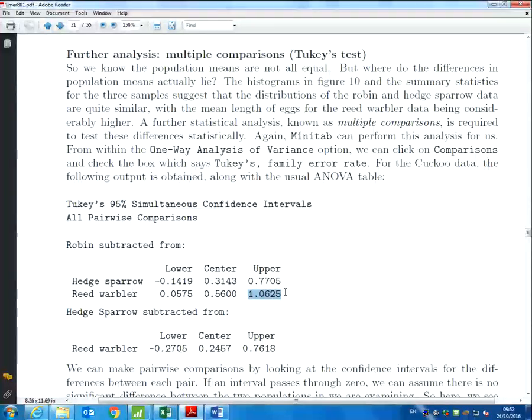So that means there is a significant difference between Robin and reed warbler. And finally, the other comparison, hedge sparrow subtracted from reed warbler. Is there a significant difference here? Negative number, positive number. So what would we say? If the confidence interval goes from a negative number to a positive number, it means 0 has been crossed, therefore no significant difference.